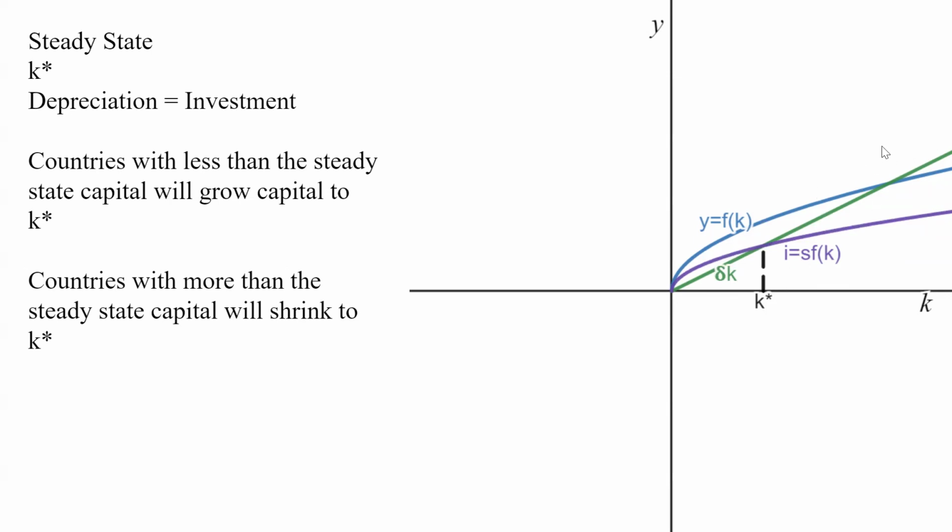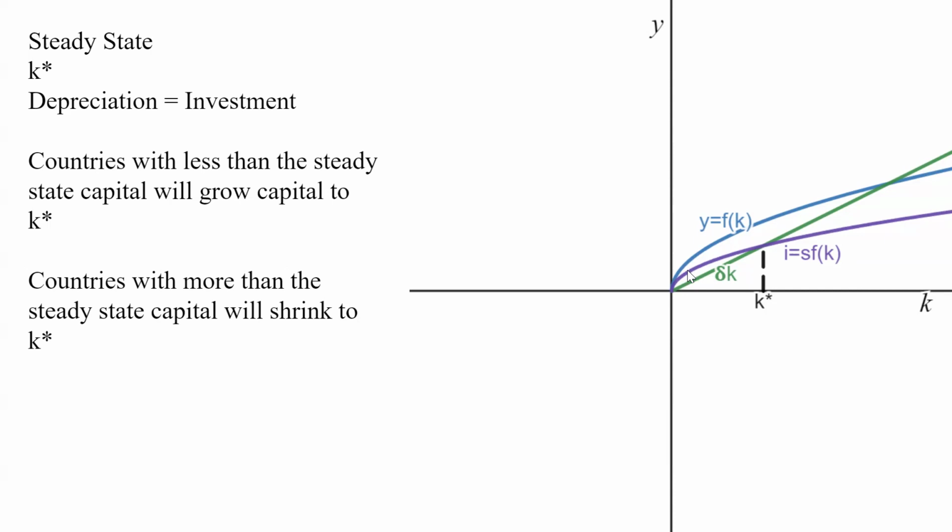Depreciation is a linear function, our green line here, which grows at a constant rate. So at any point where K is less than K star, you'll notice our depreciation is less than our investment.